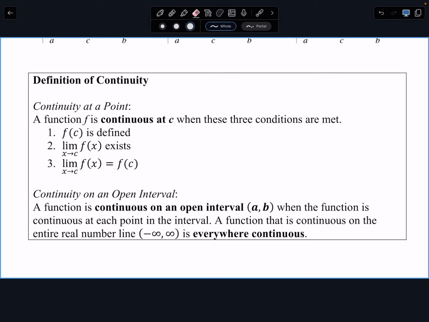And I'm telling you now, and I'll probably sound like a broken record by the end of the year, all of the information that they give you in a free response question matters. So the fact that they're giving you that a function is continuous everywhere matters for the problem. Whether you actually have to use it in your justification or not, sometimes you do, sometimes you don't. But them making that statement is so that there are no holes, no gaps in the problem or alternative interpretations.